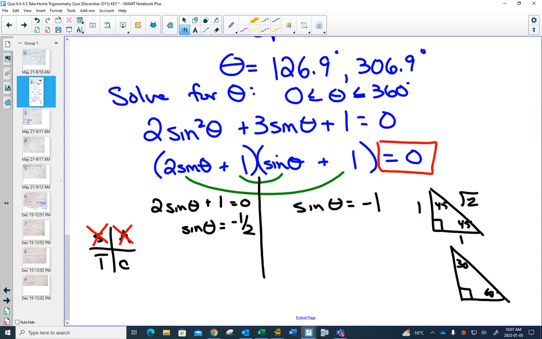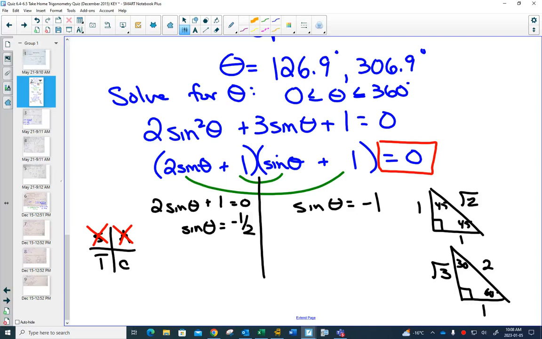And in the 30-60 degree triangle, the bottom was half of the hypotenuse. And so the reason this is important is because now we've got sine is 1/2. We can use the triangle to figure out which angle that is.